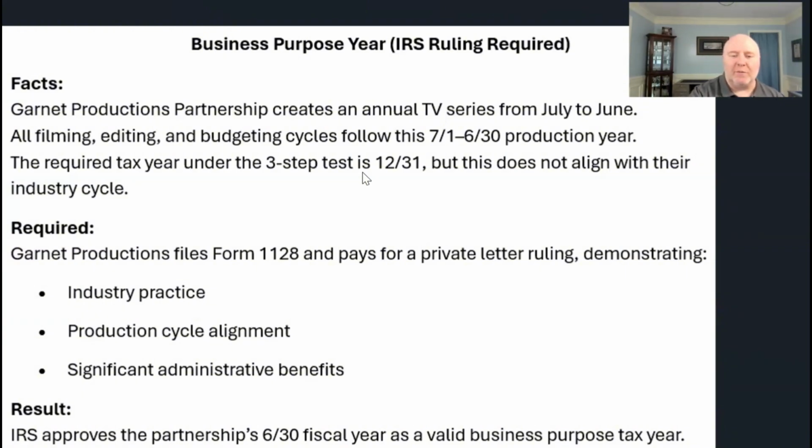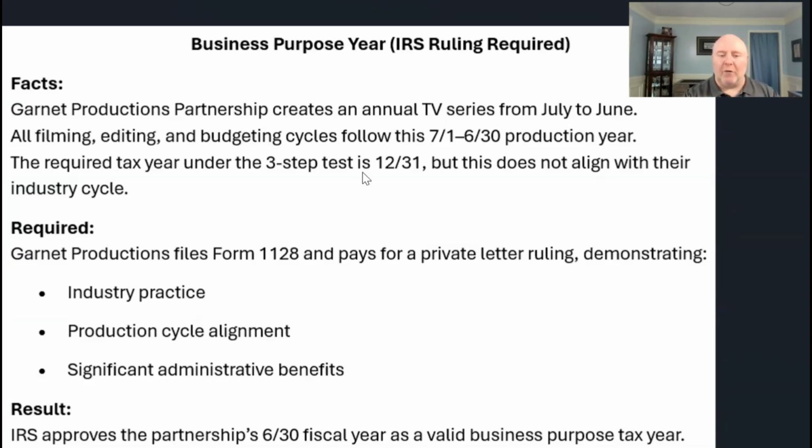But because we're going from July 1st to June 30th in our current business, we don't want to adopt that required tax year. So what we have to do is request permission from the IRS. We have to get a letter ruling from the IRS that gives us permission to adopt a business purpose tax year.